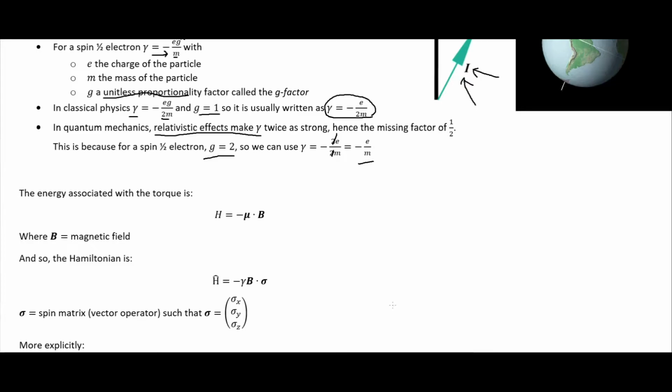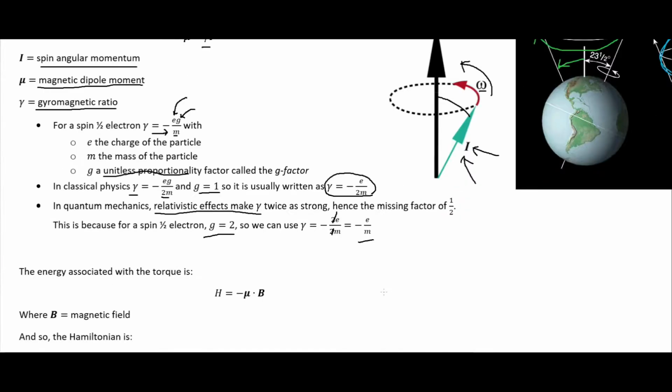The g factor is something that is extremely accurately measured, and it's just a little bit above 2. I think it's 2.00 something something, and it's measured to within about 10 to the minus 13 accuracy.